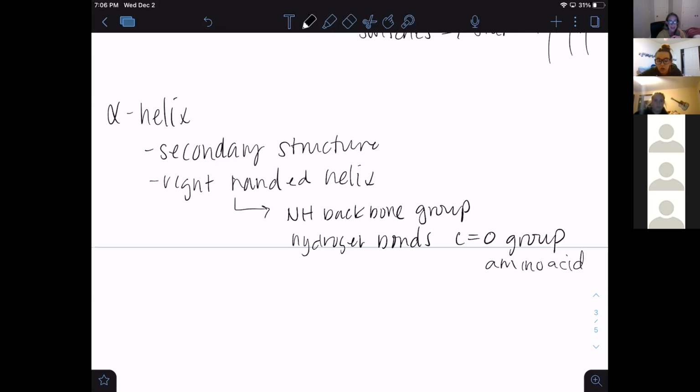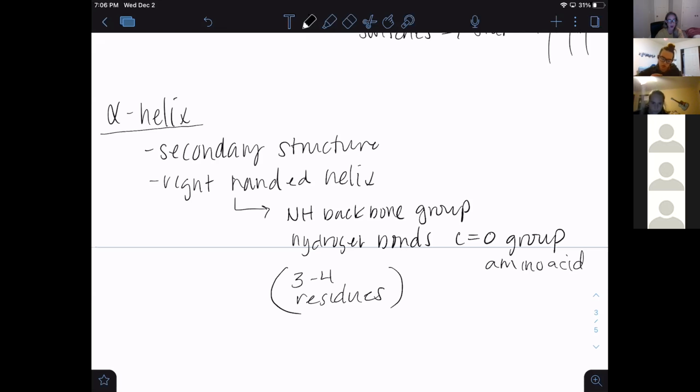This one is always going to be 3 to 4 residues, usually 4 though. So these are characteristics of an alpha helix. These are the things that you need to know.